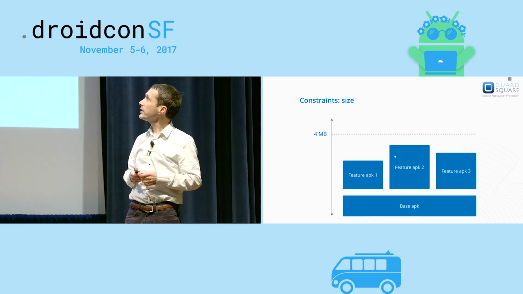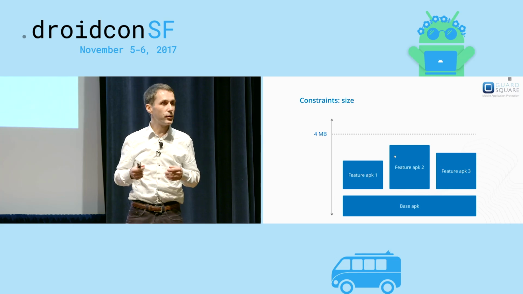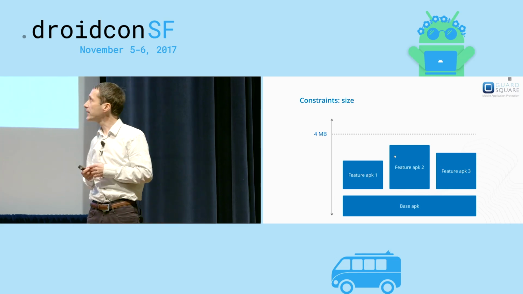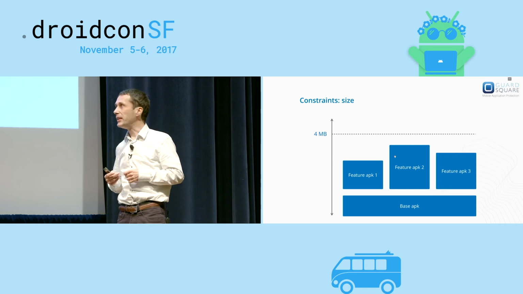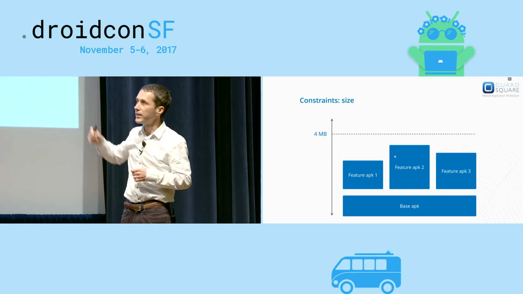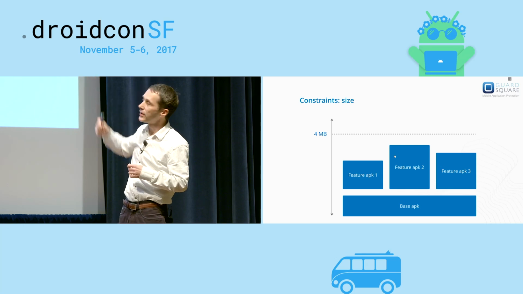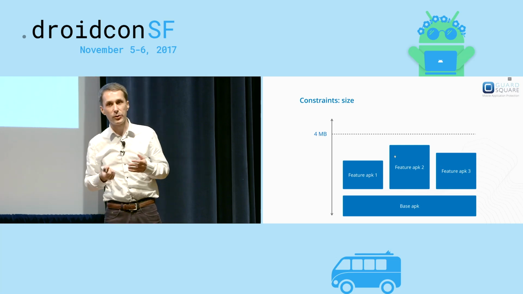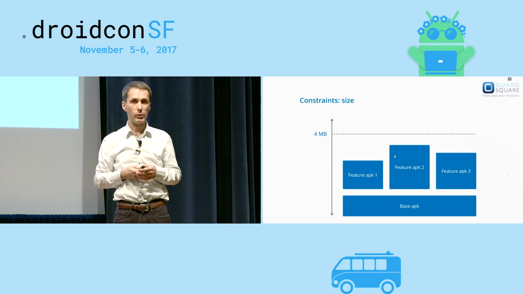And on the other hand, you have to make sure that your app is below a certain maximum size. And size in this context means the size of your base APK plus the size of your largest feature APK. That's the limit that the Google Play Store will, in practice, impose.